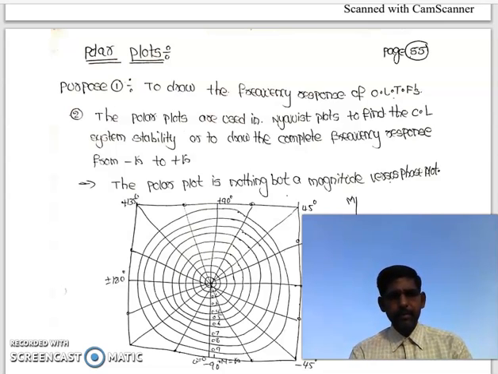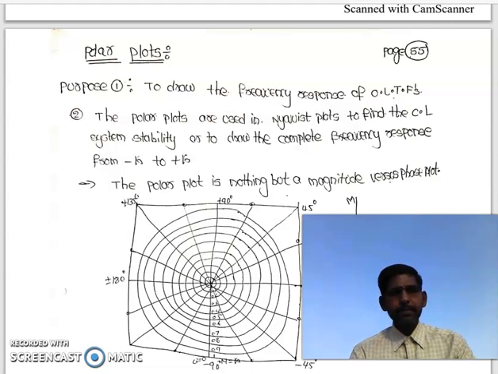In polar plot we need to draw the graph of magnitude versus phase. That means in Bode plot, to analyze stability, we need to draw two plots, magnitude as well as phase, whereas in polar plot, one plot is sufficient to analyze a system.